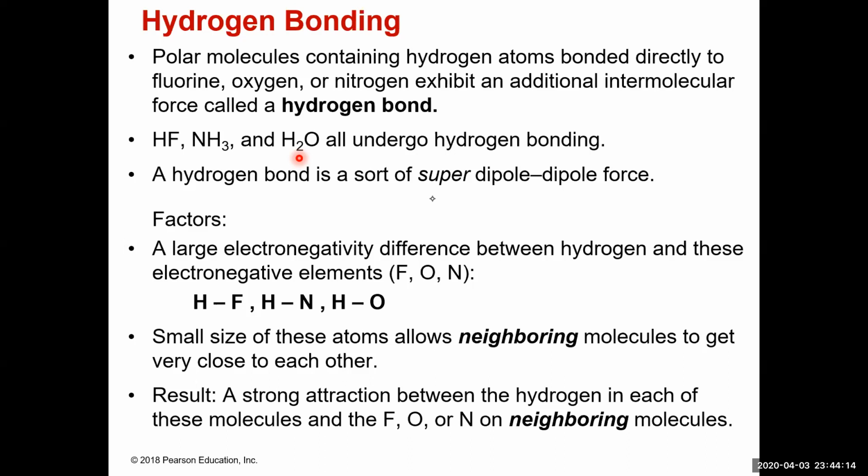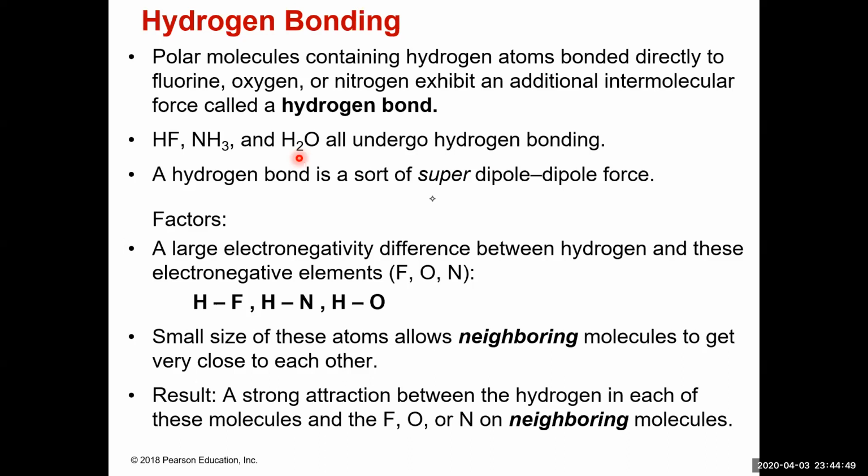The reason that a hydrogen bonded to a fluorine, nitrogen, or oxygen can do the hydrogen bonding is because of the large electronegativity difference between the hydrogen and these very electronegative elements. And the small size of these atoms will allow the neighboring molecules to get very close to each other.